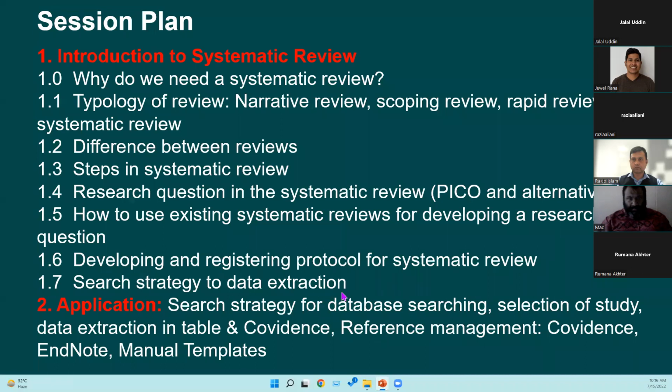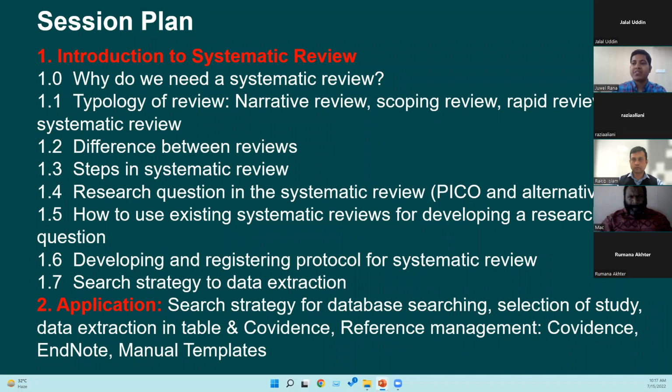And then we'll be talking about search strategy using different databases, and from search strategy to data extraction for analyzing, or doing synthesis or maybe meta-analysis. So from search strategy to data extraction, the whole process will be described and discussed.